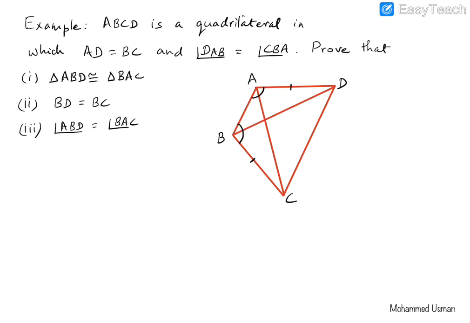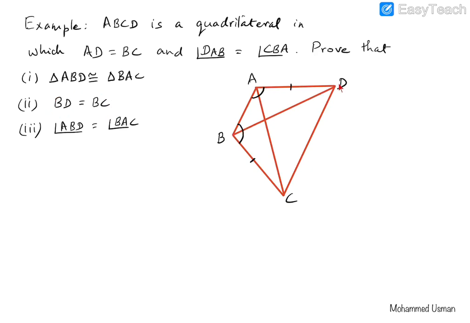So we are now asked to prove that triangles ABD, this triangle over here, and the triangle BAC, this triangle over here, these two are congruent. And once we prove that they are congruent, we are then asked to prove whether that BD is equal to BC.